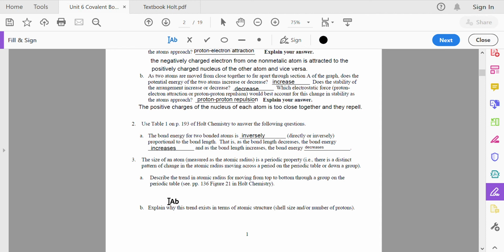Describe the trend in the atomic radius for moving from top to bottom through a group on the periodic table. If you imagine the periodic table as a series of columns up and down and rows left and right, the columns are also called groups. As you go from top to bottom, the atoms get larger.